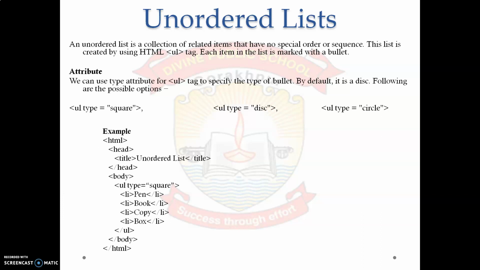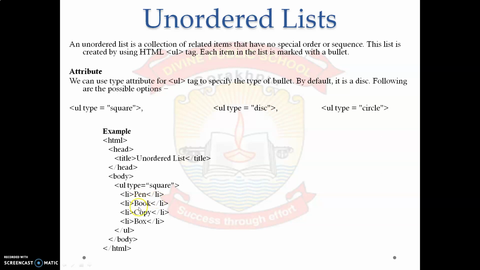Here is an example where I am using square. Which type of bullet appears here? Square. Under the body tag, we have to use the UL tag where attribute type equal to square is there, and after that each element is specified with the li tag, where li opens with the item and closes with the closing li tag.